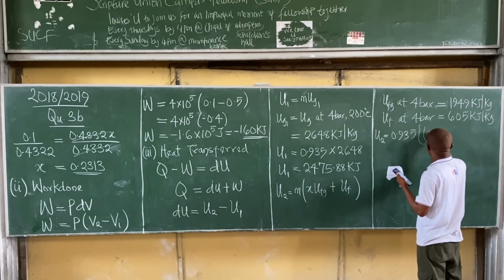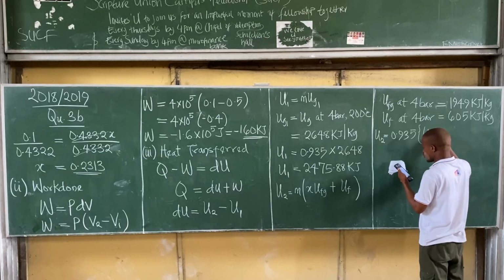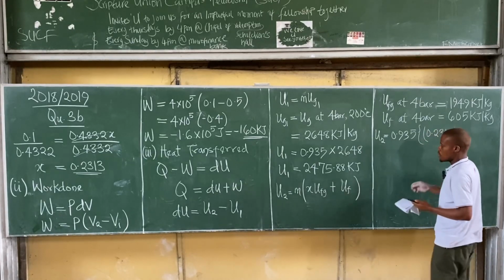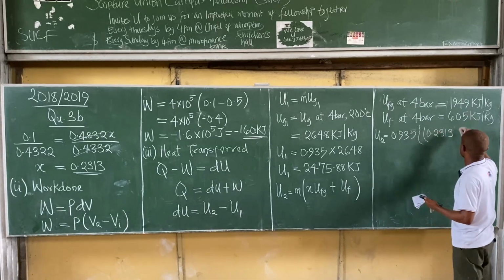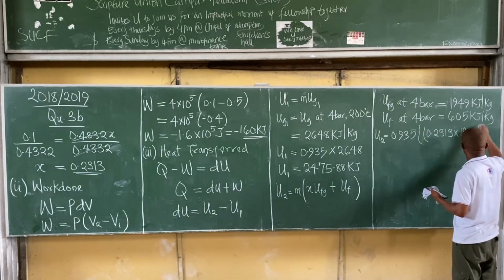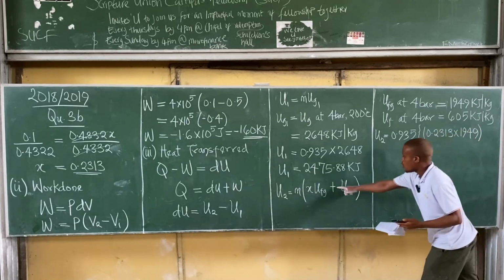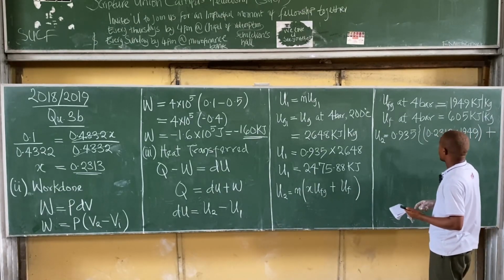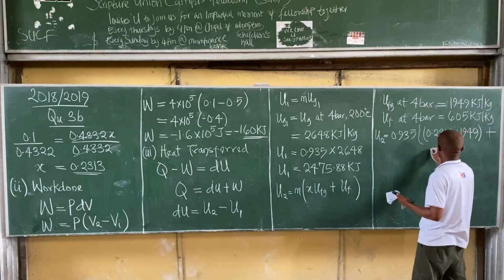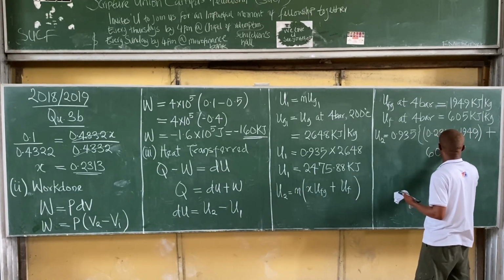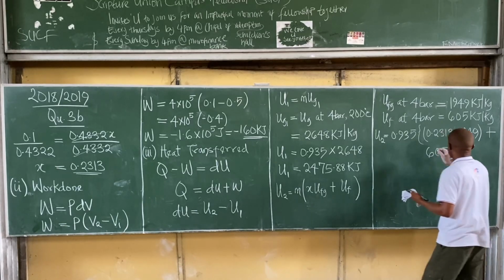Our x was gotten as 0.2313 multiplied by UFG, 1949, plus UF. Our UF is gotten as 605, right? So we close our brackets.